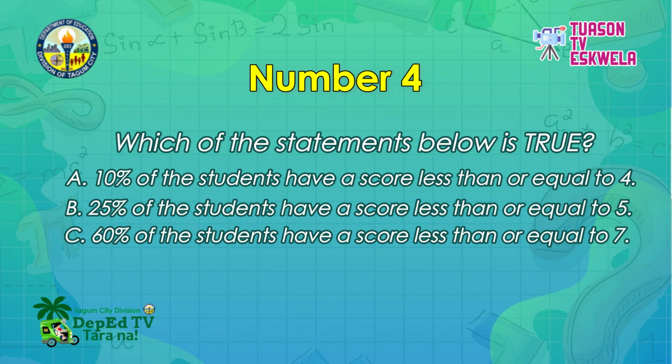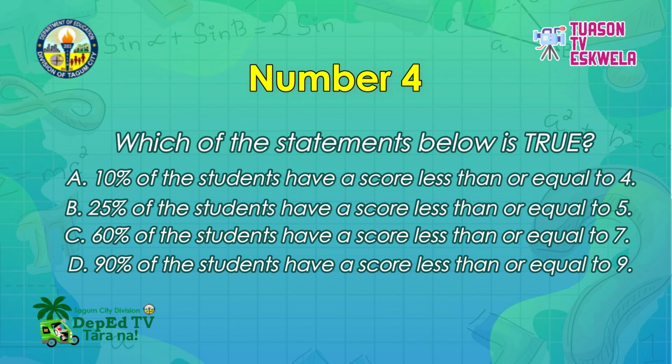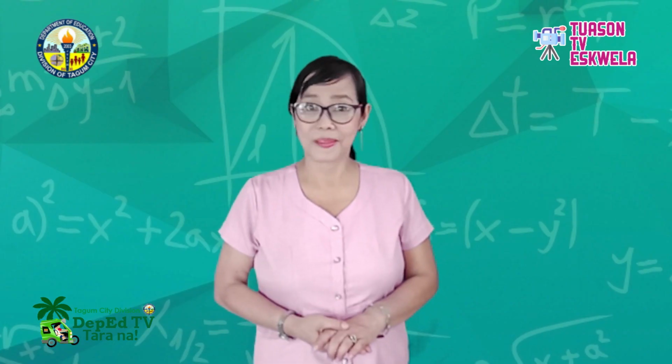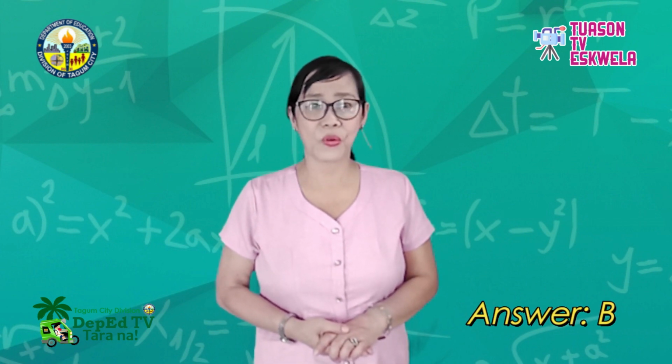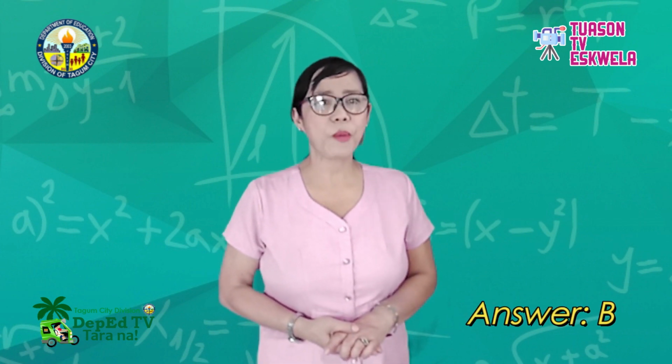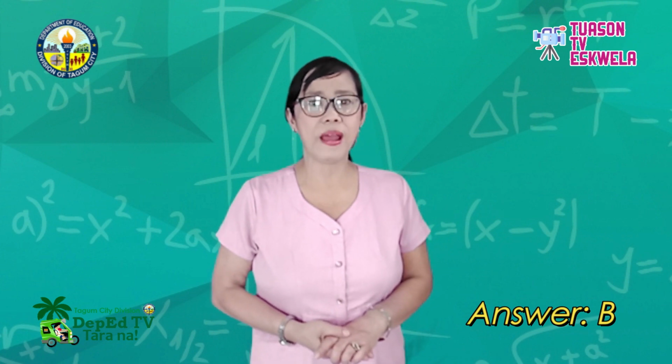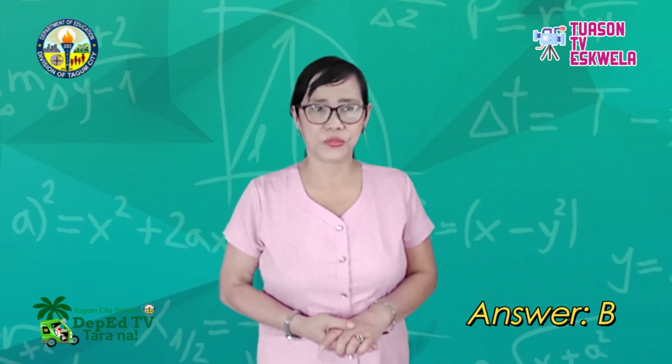And letter D, 90% of the students have a score less than or equal to 9. Your timer starts now. Time is up. The correct answer is letter B. 25% of the students have a score less than or equal to 5.